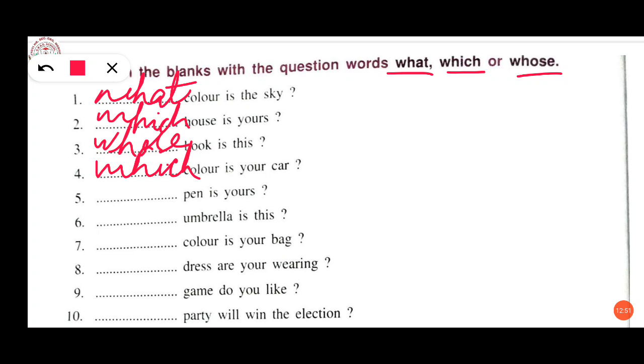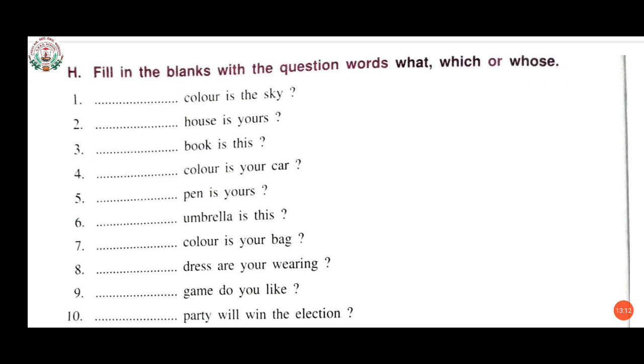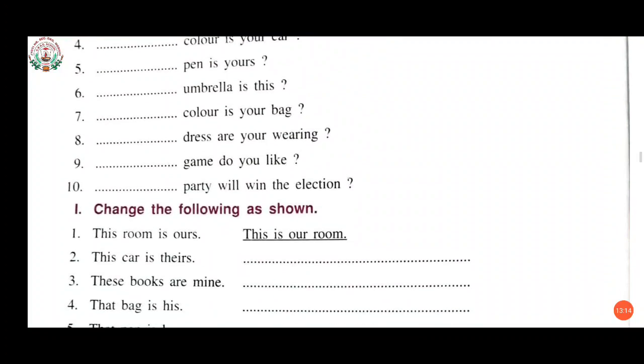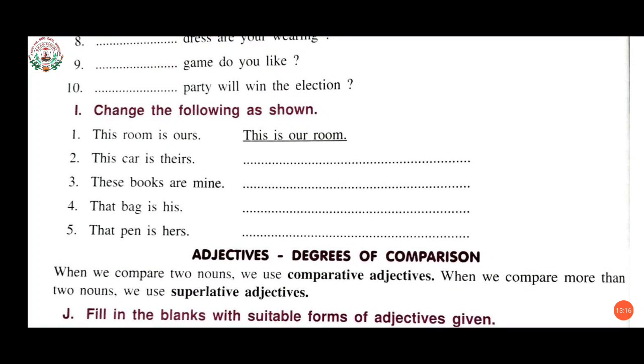Because we have many options, that is, which color, red, white, gray. Like which color is your car? Fifth one, dash pen is yours. There are many pens and they have to choose any one. So if we have many options, we can write which. Which pen is yours?